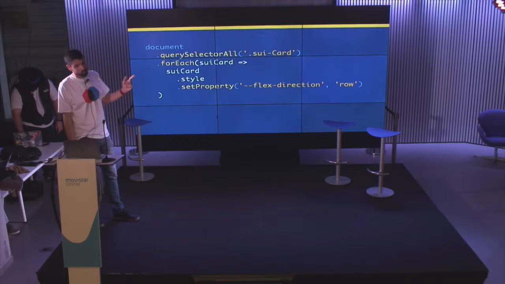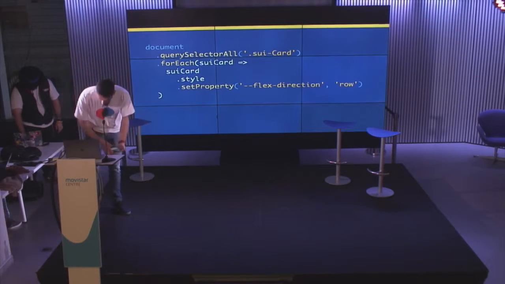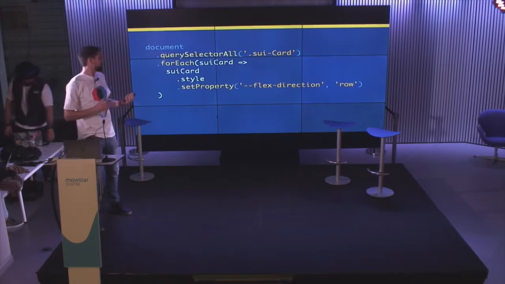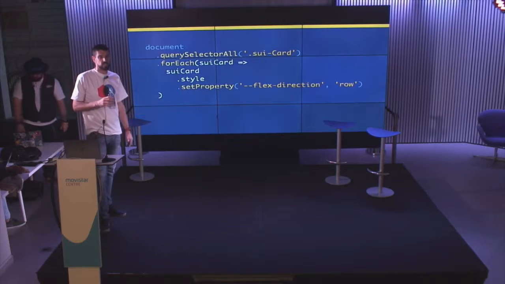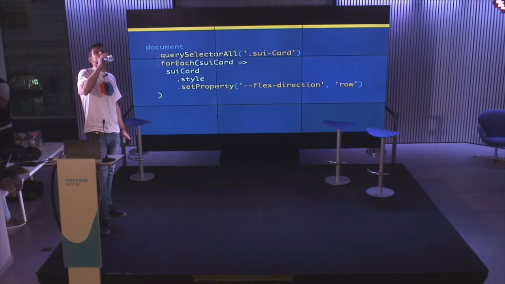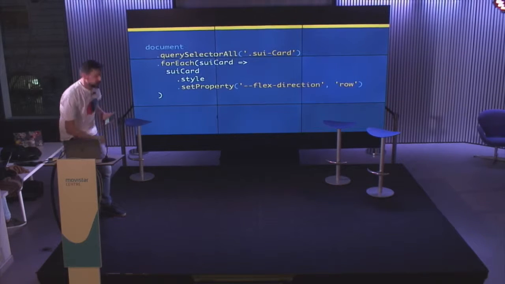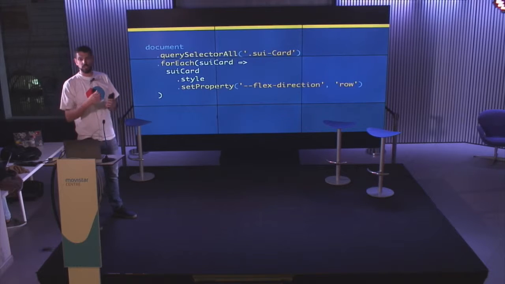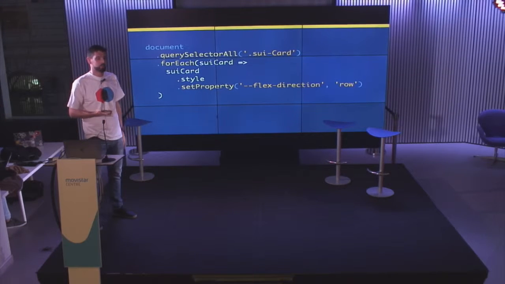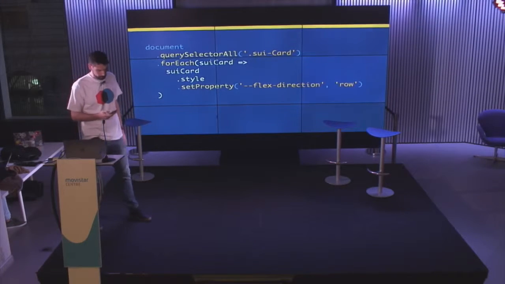We can use the setProperty and the getProperty methods. There are no new methods. They exist in the JavaScript API. That's nothing new. But that's something that led us to share values, to share variables between JavaScript and CSS.